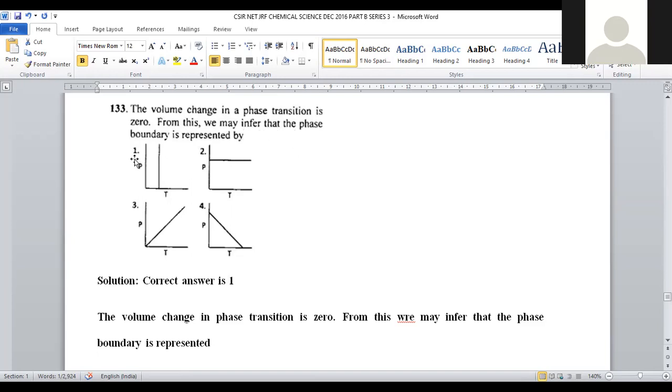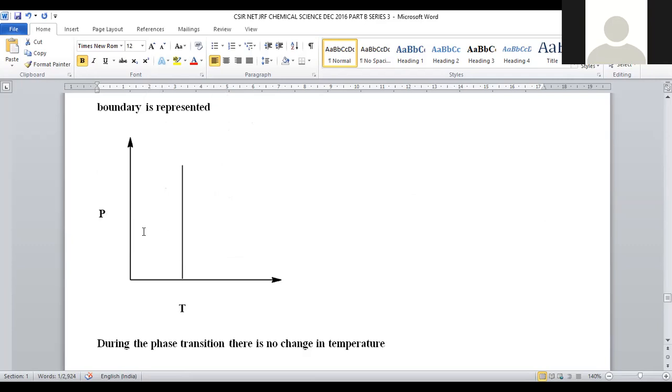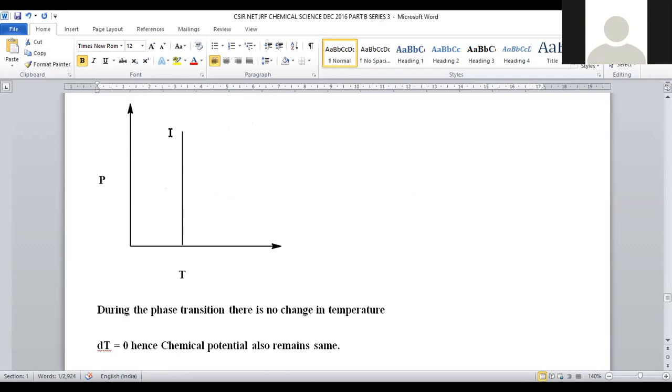From this, we may infer that the phase boundary is represented by, what is the phase boundary graph we have to depict. Here the variables are pressure and temperature, and volume is a constant term. In case of this one, volume change in the phase transition is 0. So we may infer that the phase boundary is represented by this vertical line.